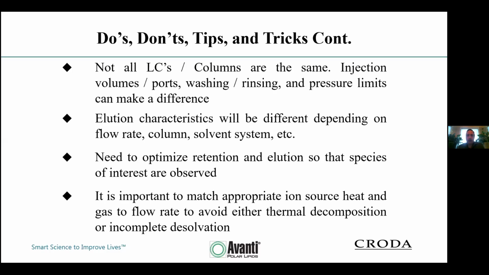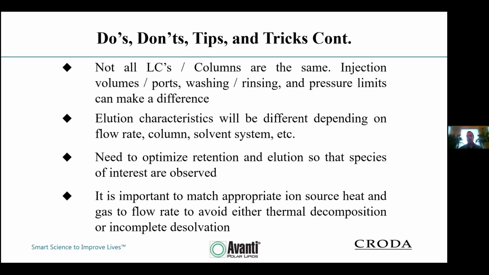And C18 columns aren't created all the same. If you buy one C18 column from, say, Phenomenex, it may have different elution qualities than, say, a BEH column from Waters. So you need to pay attention to what you're using. So the second thing you need to do is optimize, number one, retention on your column. Make sure everybody sticks on the column.